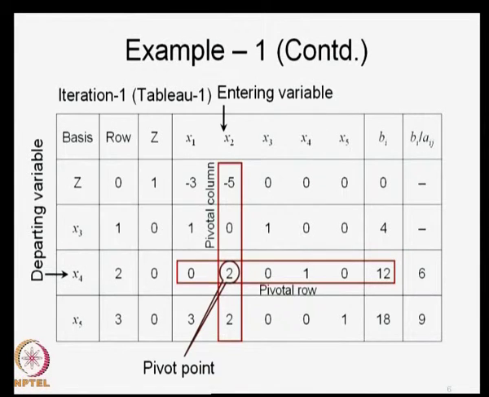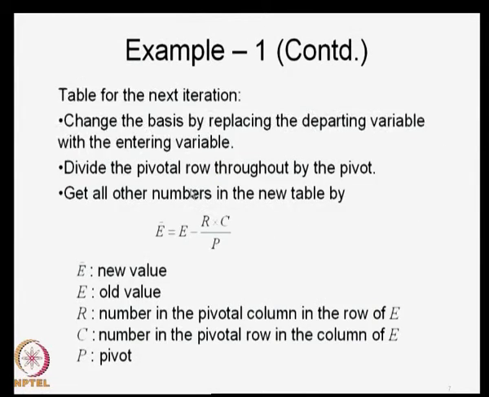Then you look at all the other elements, which have to be transformed into new elements. Now, what I am doing is the Gauss-Jordan elimination method, but I will tell you how to transform this straight away. For all other numbers, the new table is obtained like this.